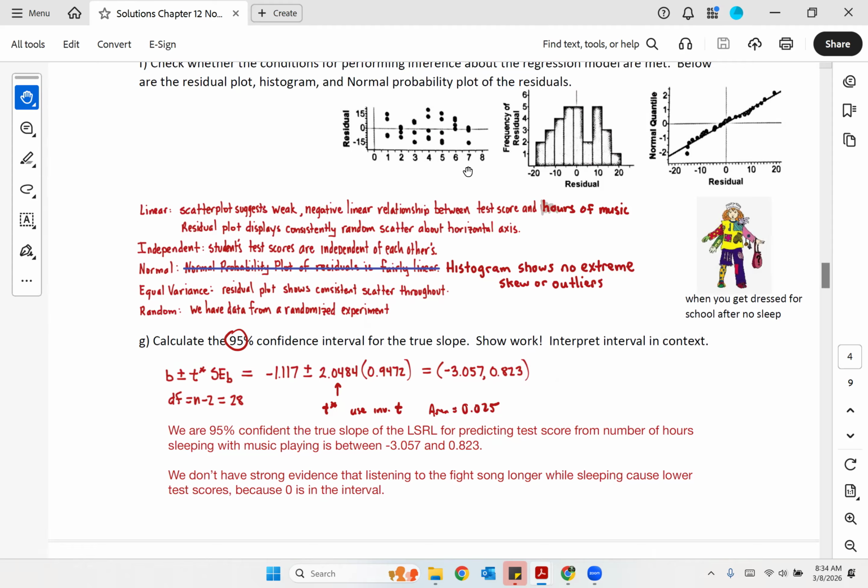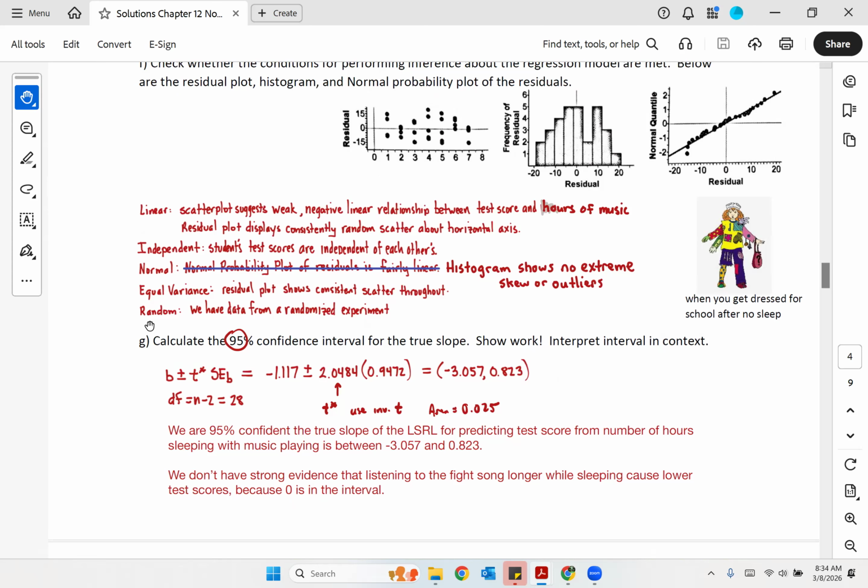We don't want to see a pattern where the residuals are really small on the left and then they get bigger, bigger, bigger, bigger. That would not qualify as equal spread. Okay. So this consistently random scatter about the horizontal axis, I probably should have put that right here. So on your copy, put this right there. But I do see what I'm looking for here, so we're good to go.